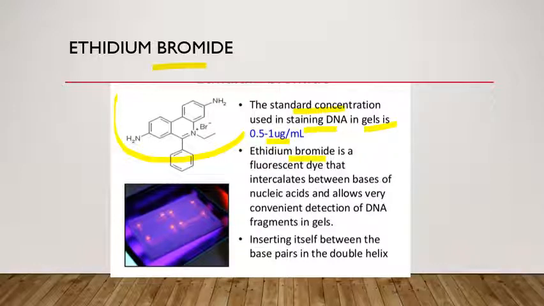Ethidium bromide is a fluorescent dye that intercalates between the bases of nucleic acids and allows very convenient detection of DNA fragments in the gel, inserting itself between the base pairs in the double helix.